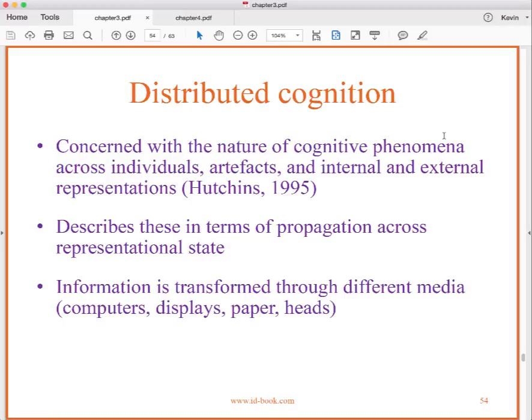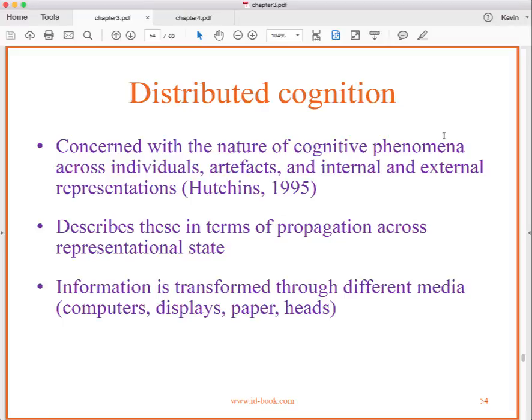Now, we have a couple of models of cognition that are kind of helpful in thinking about our users and what's going on. One of the models that is helpful, and I think pretty well described in the text, is distributed cognition.